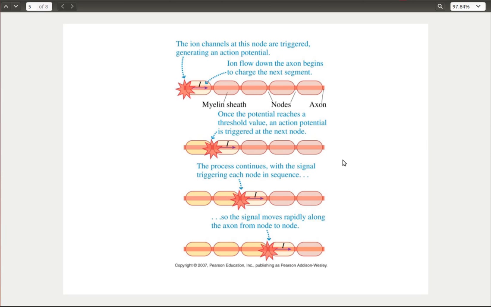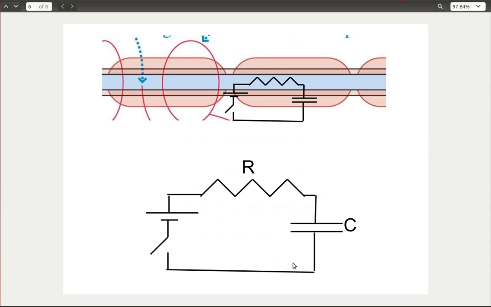You can think of the channels being opened at the nodes, and the thick sheaths as serving some purpose, which we'll describe in a moment. The channels open at one node, which allows current to flow, triggering the channels at the next node to open, which allows current to flow, which triggers the channels at the third node to open, and the fourth node, and so on.